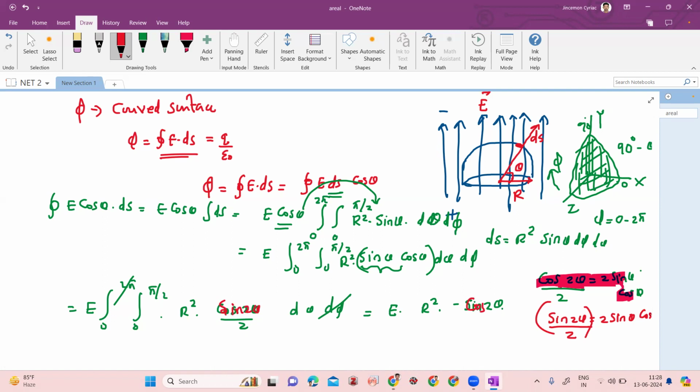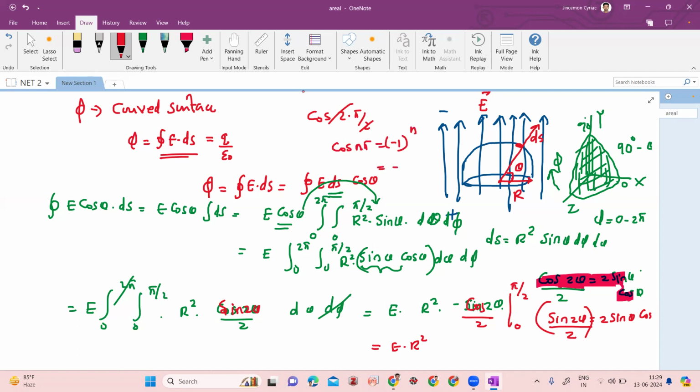Sorry, we need to take the integration. The integral of sin theta is equal to minus cos theta, so minus cos 2 theta by 2 from 0 to pi by 2, because in terms of theta the variation is 0 to 90 degrees. So that is equal to E into r square into cos 2 theta, meaning cos 2 into pi by 2, that is equal to cos pi. Cos n pi is equal to minus 1 raised to n.